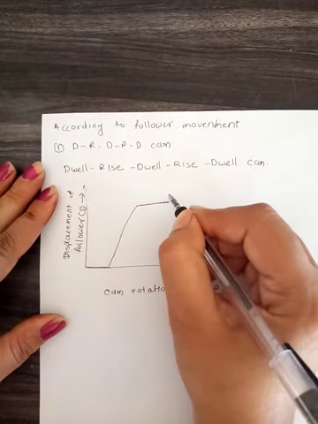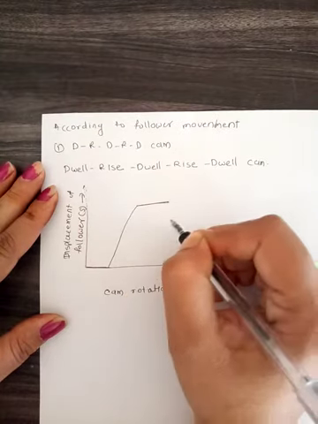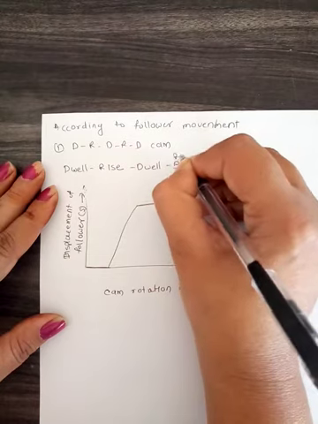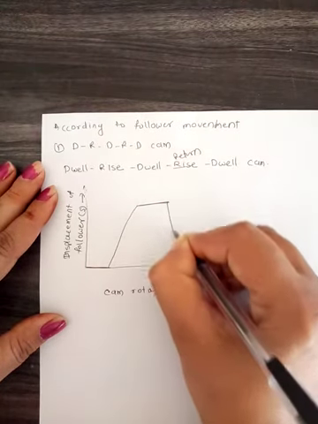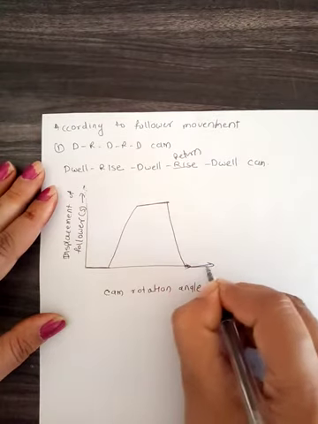Then the rise is not called the return, it is called the return.